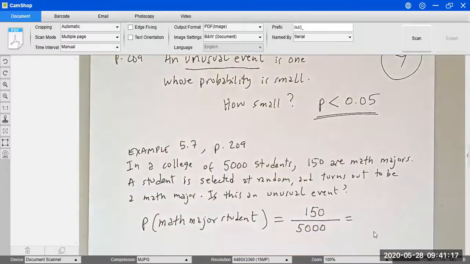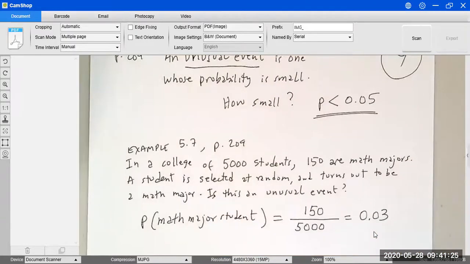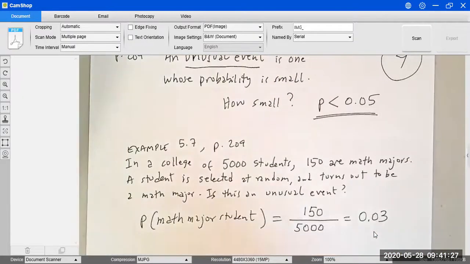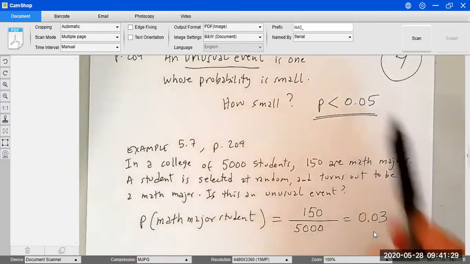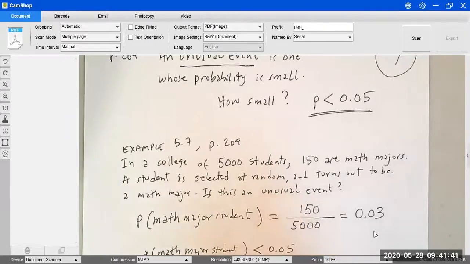So you use your calculator, we use R, and we get 0.03. So that's the probability, 0.03. Then we compare this value with 0.05. So this probability, the probability of getting a math major student, is less than 0.05.